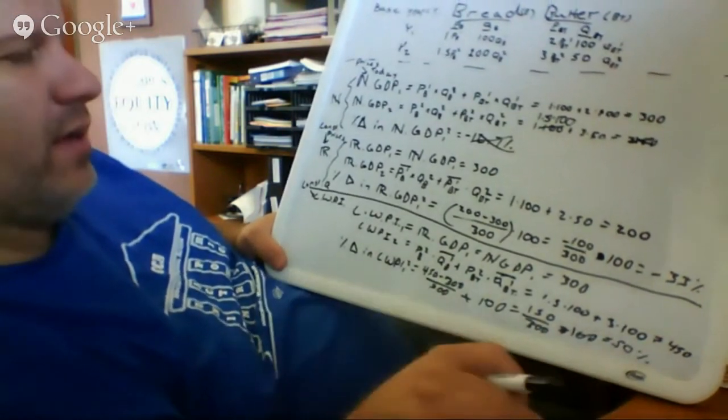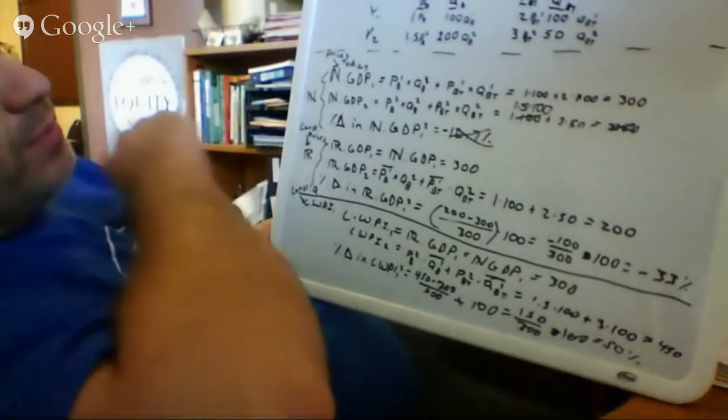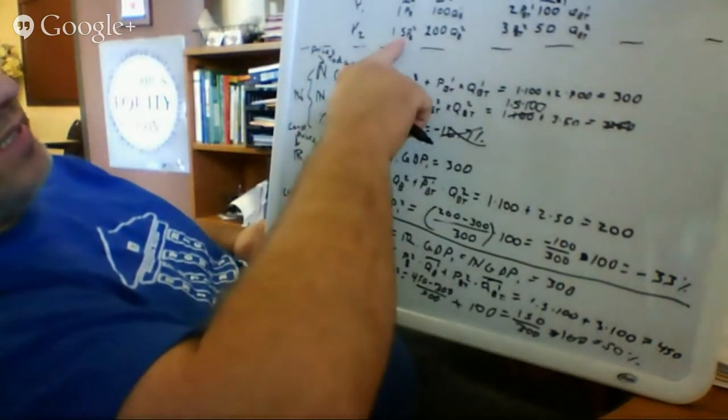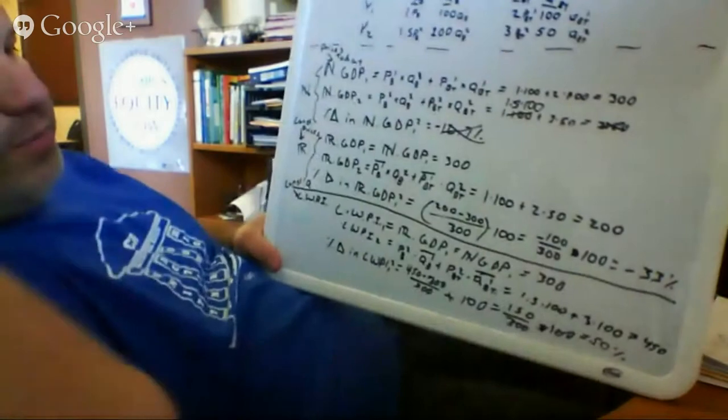If I did that correctly. That's pretty huge. So what we're saying is prices went up by 50%, and that makes sense. Here prices went up by 50%, here they went up by 50%, so the prices went up by 50%.